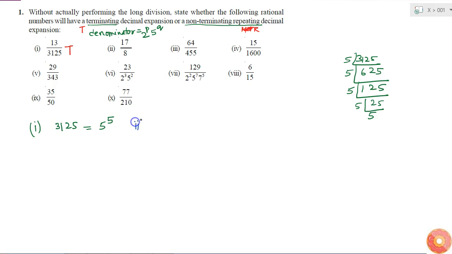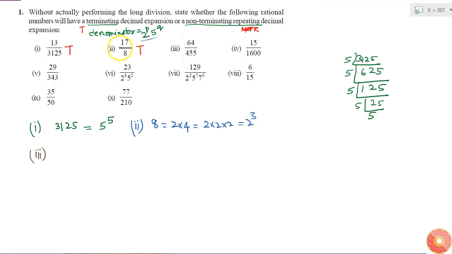Okay, and if I look at the second part, the second part has a denominator 8, which is equal to 2 into 4, or 2 into 2 into 2, which is 2 cube. So this is also of this form, correct? So this will also have a terminating decimal expansion. If I look at the third part, it is 64 by 455.